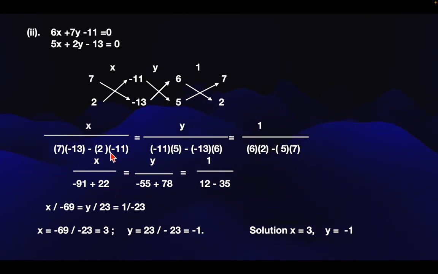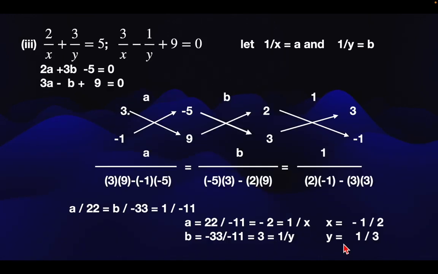Carefully do it. Be careful of the signs. And you will get x upon -69 is equal to y upon 23 is equal to 1 upon -23. So x is equal to -69 upon -23, that is 3. y is equal to 23 upon -23, that is -1. The solution is x is equal to 3, y is equal to -1.